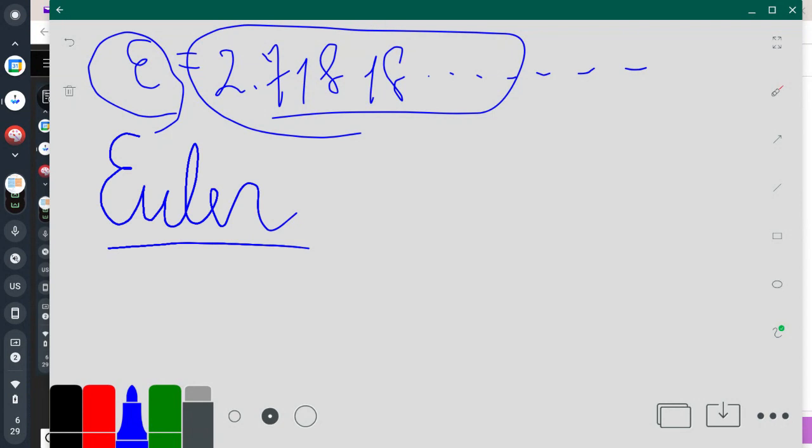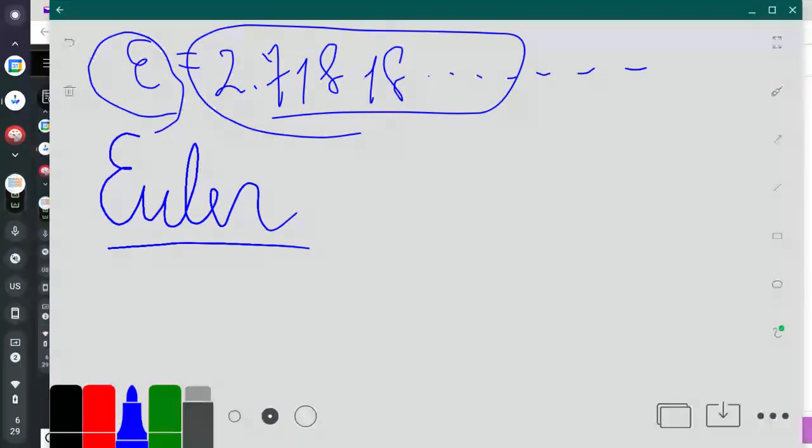Some people anglicize everything, but Euler's contribution to modern mathematics is so profound and so great, and he was a Swiss German mathematician. So in honor of his heritage, it's very common to pronounce it in German, exactly Euler.